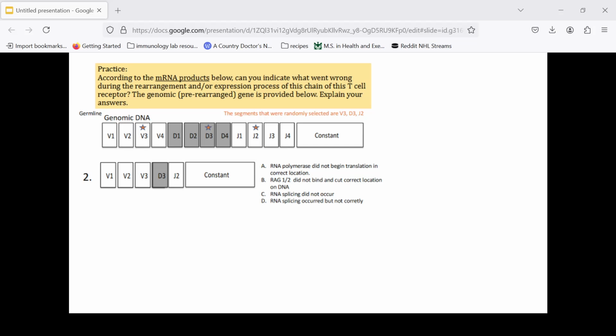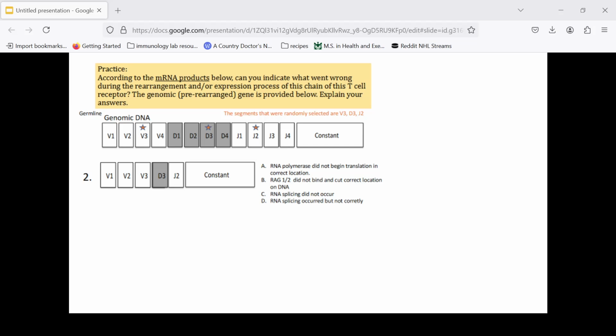We want to focus from DNA to the mRNA and then to our actual protein. These are good practice questions. When we have our VDJ segments next to each other, we're still going to have our V's at the beginning and our J's at the end.